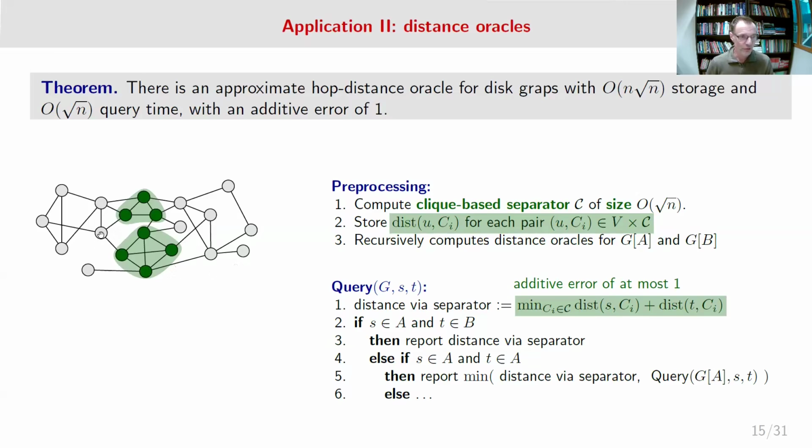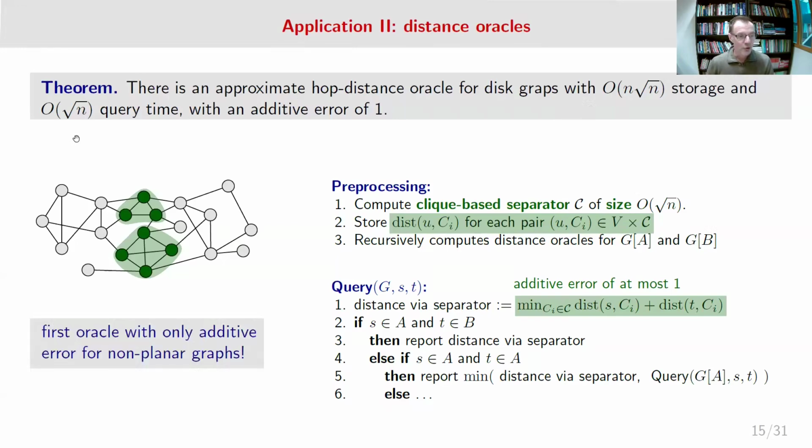But I'm not sure if from here and from here I go to the same node in this clique. So I might be off by 1, but not more than that. So I get an almost exact distance oracle with n root n storage and square root of n query time. And somehow surprisingly, this is new.